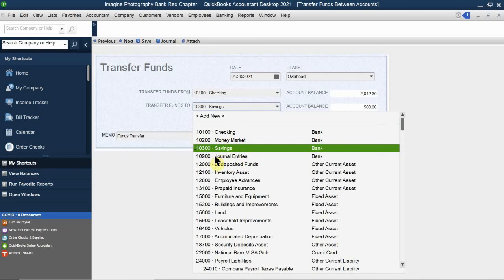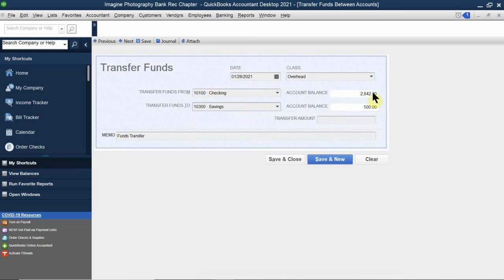So in this case, I want to transfer money into my savings. Now, how much money do I want to transfer to my savings? It's going to be subjective on how much money you want to put in there. But in this case, I want to go ahead and transfer $100 into my savings. All right.